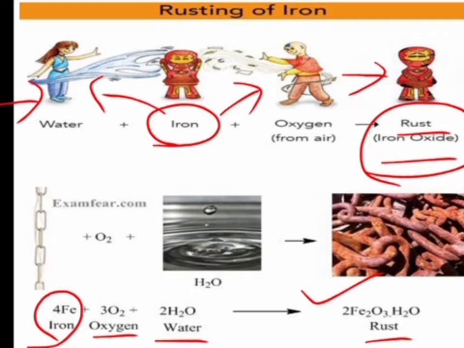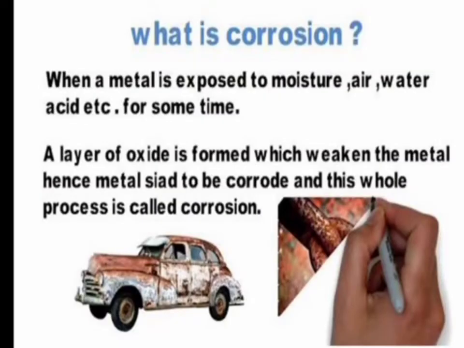Now come to the next slide. Here is a different term which is corrosion. Corrosion and rusting are ultimately the same terms. But why do we use two different terms to explain a single thing?